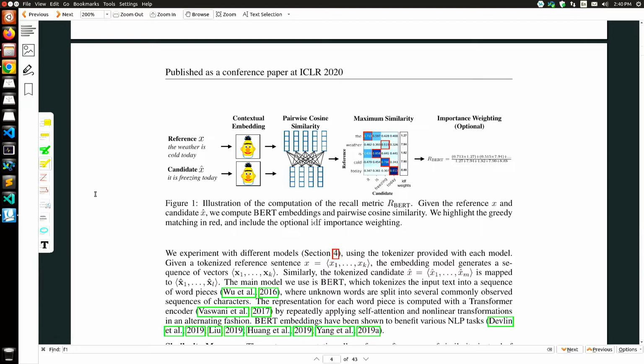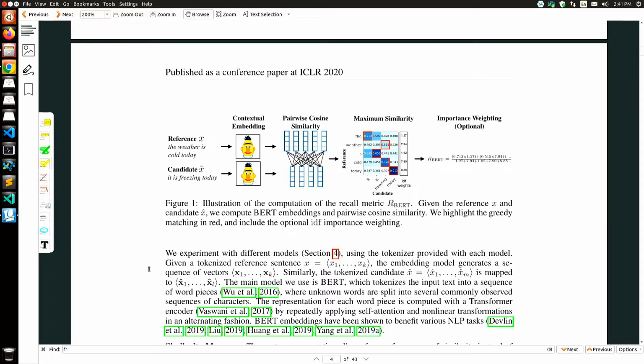So basically the steps are like this. Number 1: get the BERT representation for the translation hypothesis and the reference text. Number 2: compute a matrix of cosine similarities of all words from the hypothesis and from the reference sentence. Number 3: for each word from the hypothesis, find the most similar word from the reference and compute the average of the maxima over the hypothesis words.